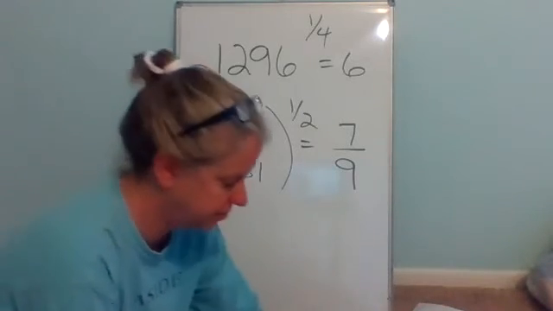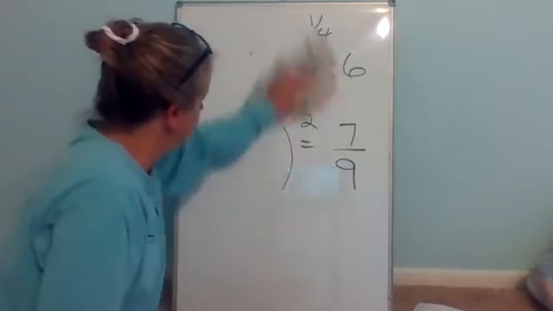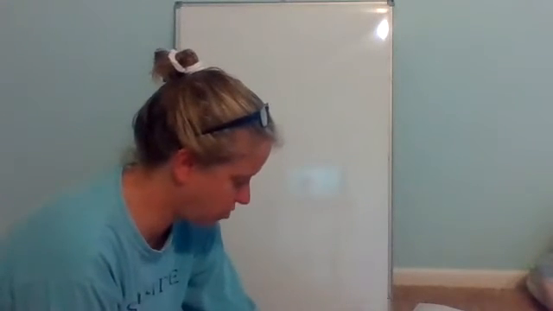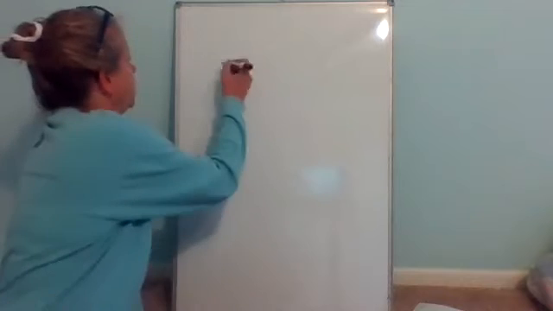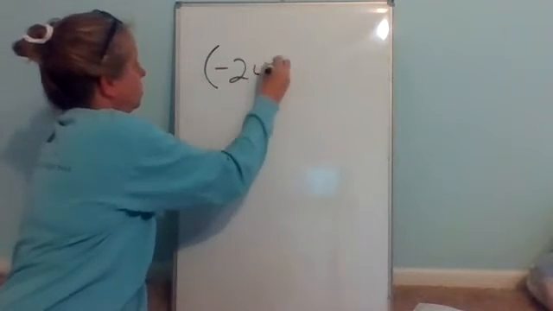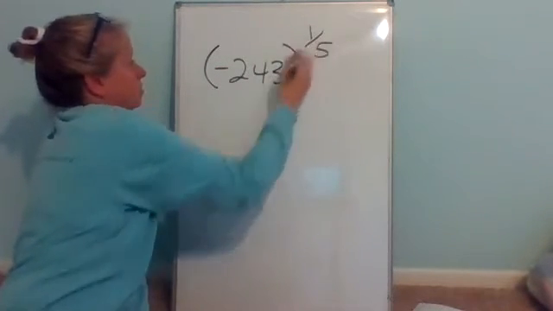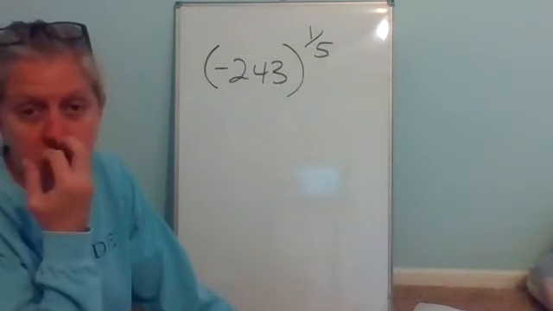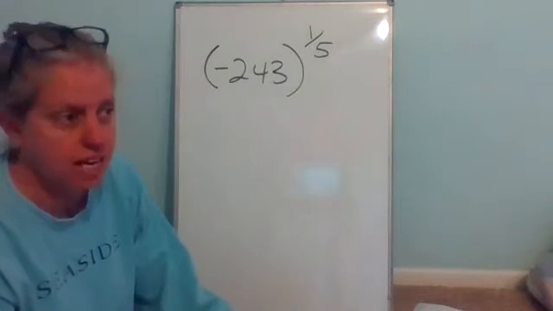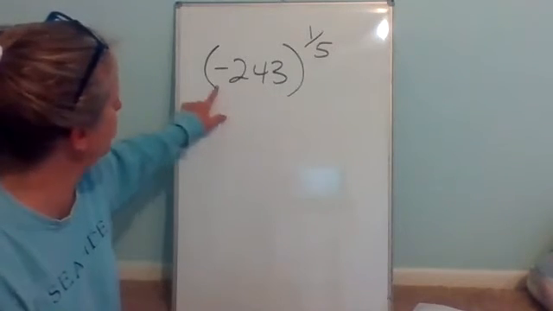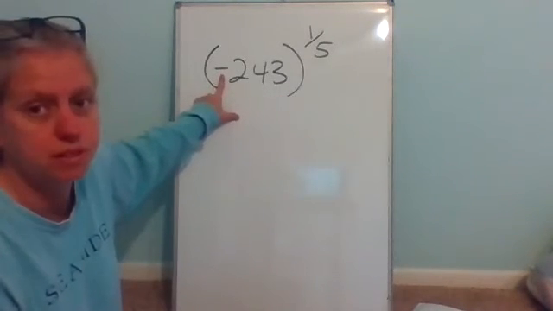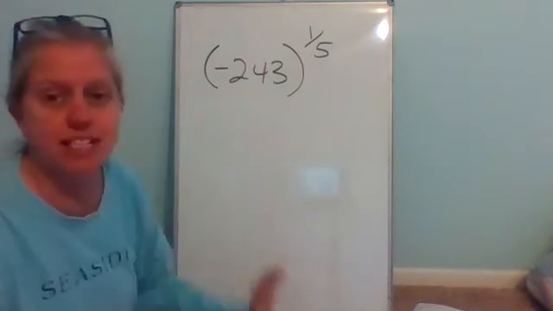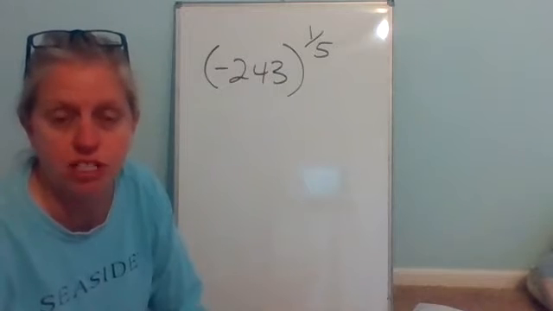All right, let's look at number 5. Negative 243 in parentheses to the 1/5. I'll just type that in my calculator. Now remember, square roots of negative numbers give me a not real answer. The rule is if you're taking a root of a negative, then the root that you're taking, which in this case is the 5th root, needs to be odd in order to get an answer.